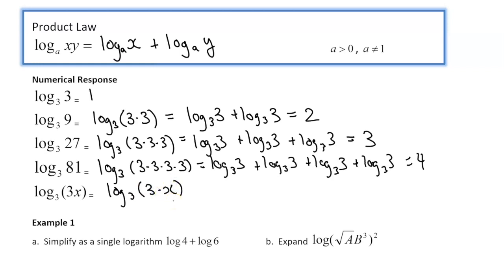And then that means that you could rewrite this and expand it and say something like log base 3 of 3 plus log base 3 of x. And then that could be simplified and you can actually say it'd be 1 plus log base 3 of x. Okay, so we get the idea for how the product law works.